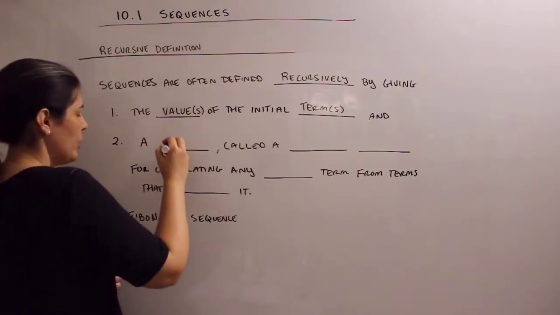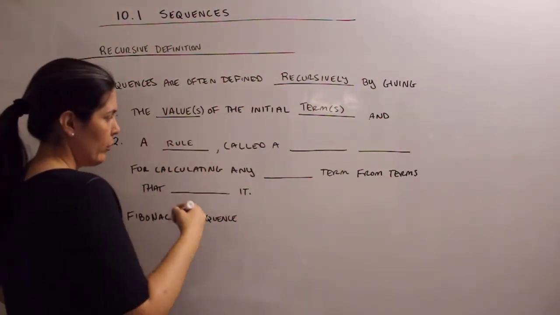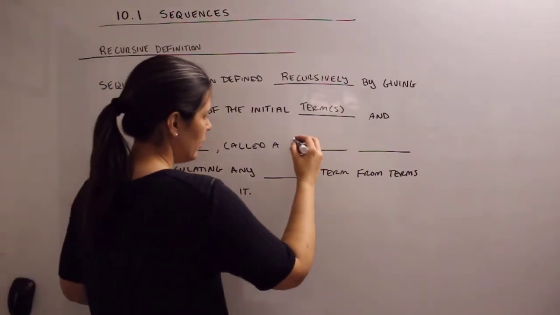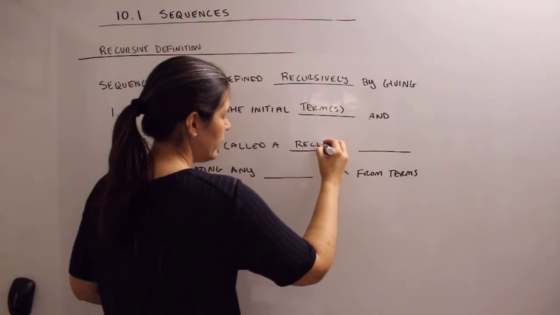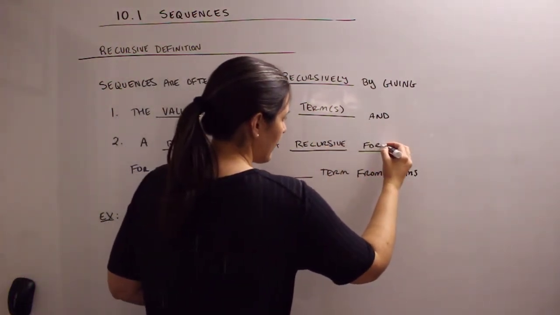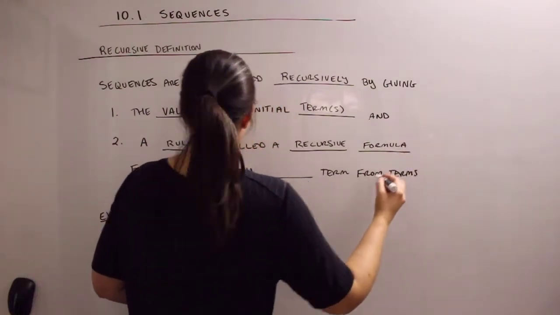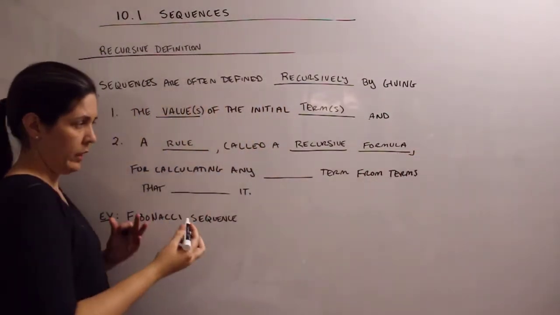And then you have to be given a rule. Okay, a rule, and this rule is what we call a recursive formula for calculating, and so here's how this works.